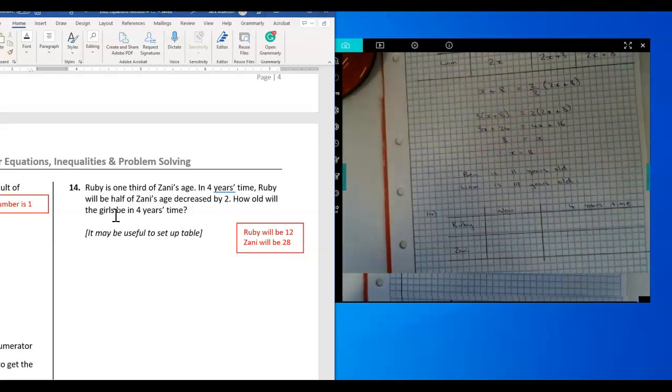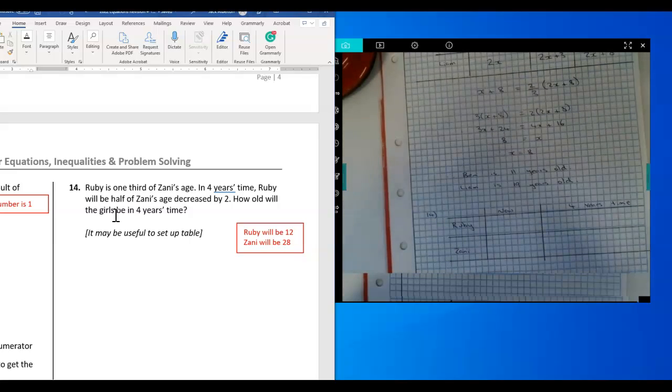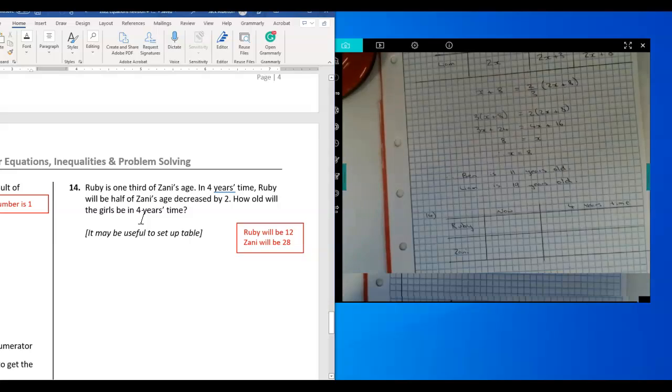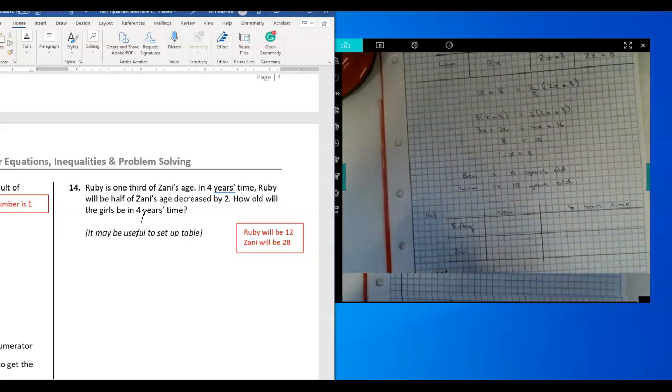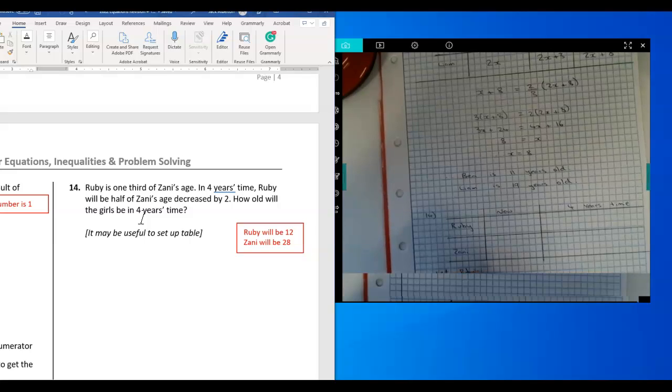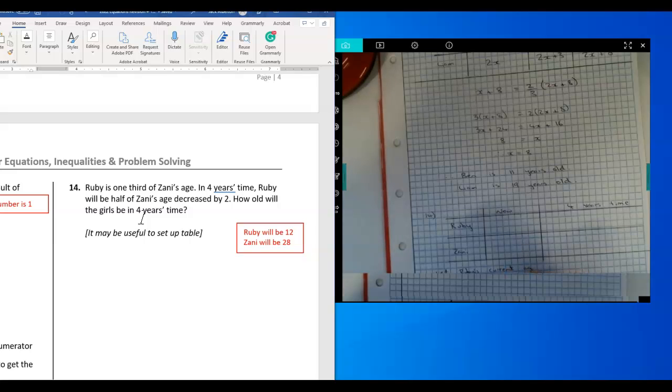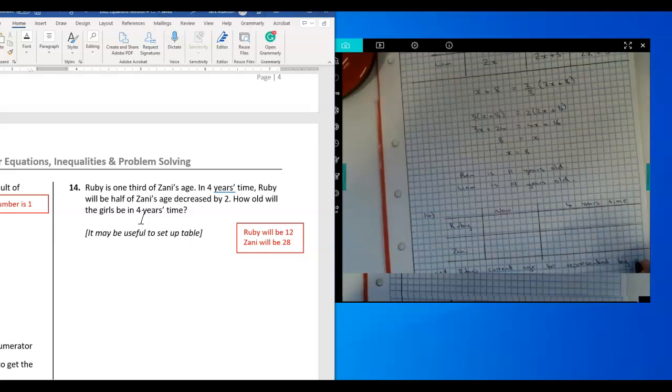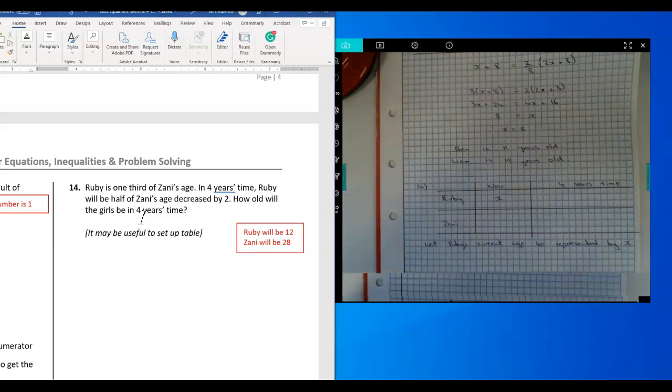Alright, so Ruby is 1/3 of Zanny's age. In 4 years' time, how old would Ruby be? Alright, so let Ruby's current age be represented by x. So Ruby's currently x years old.